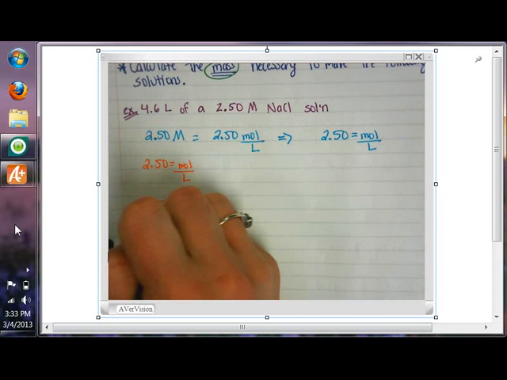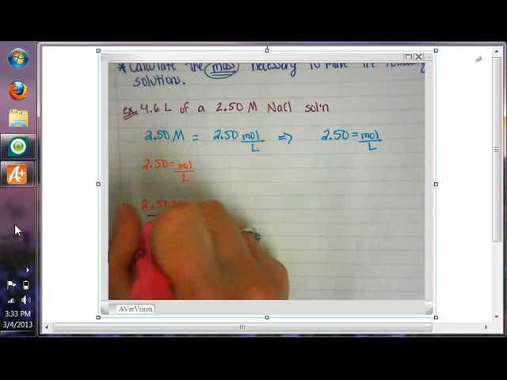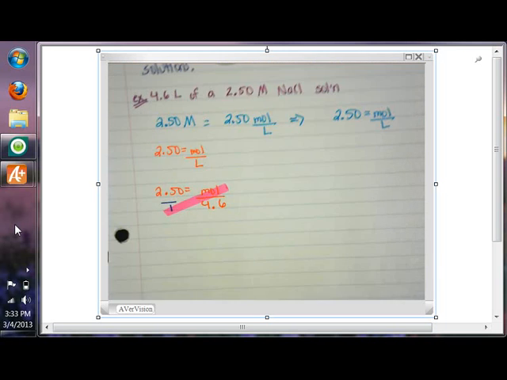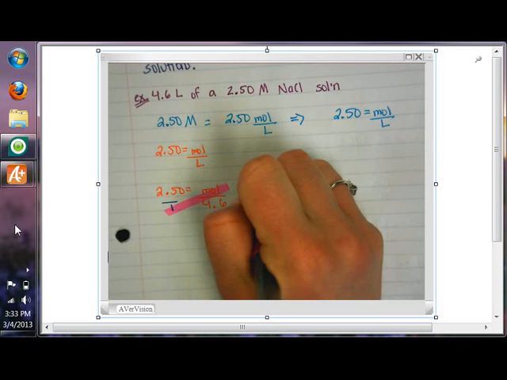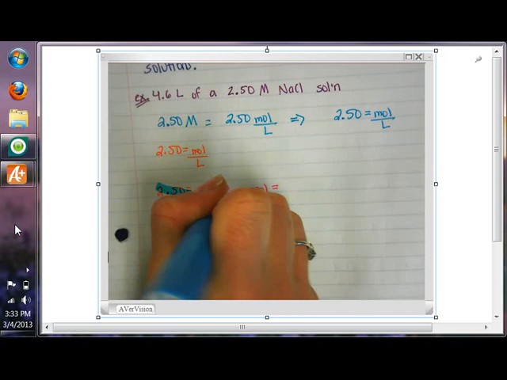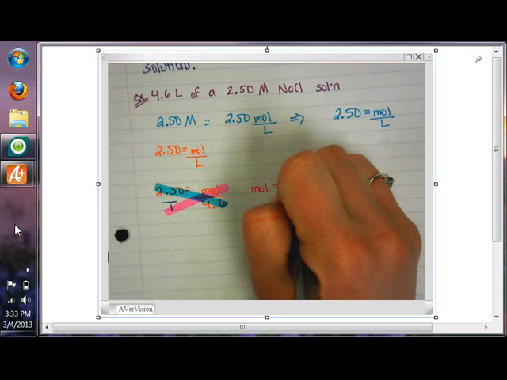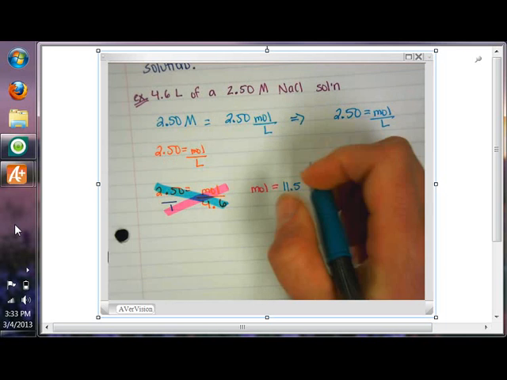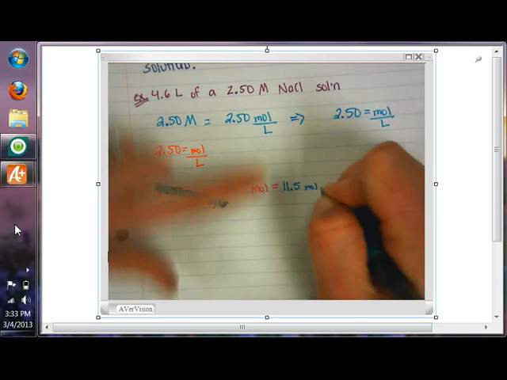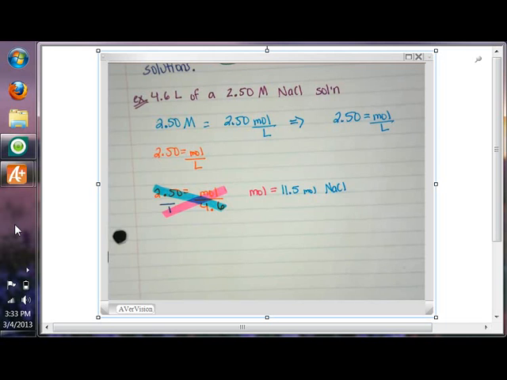So I'm going to calculate this out. I'm going to cross multiply. So moles times 1 is just moles. And then 2.50 times 4.6 is 11.5. Now it's 11.5 moles of sodium chloride that we just solved for.